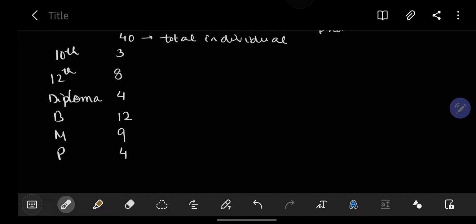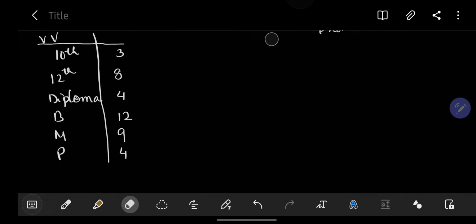This was the total analysis we got. So this is the variable value, let us denote it with VV, and the total is 40. This is the frequency.